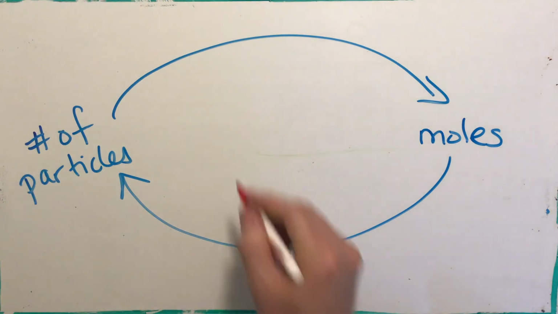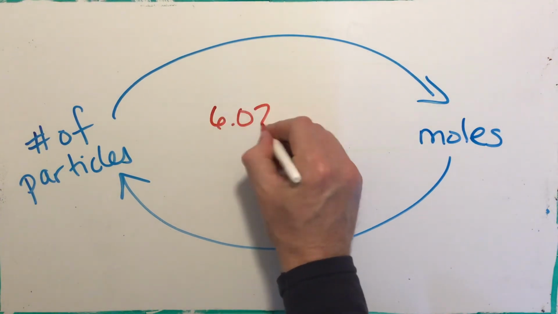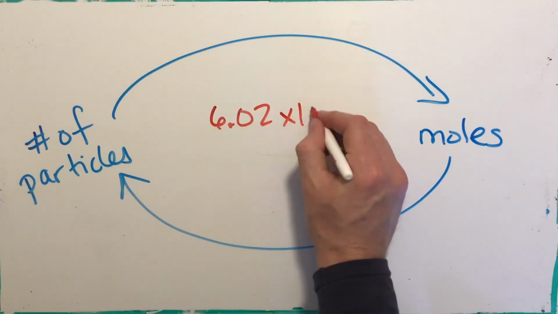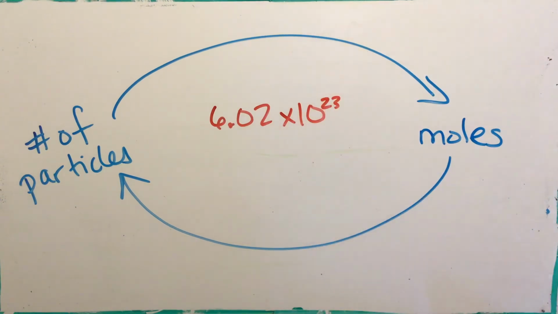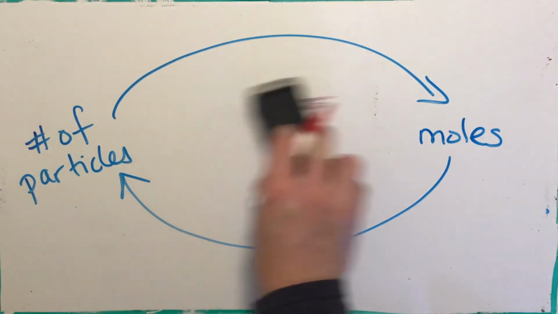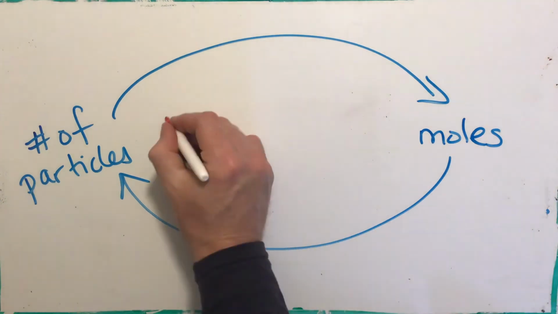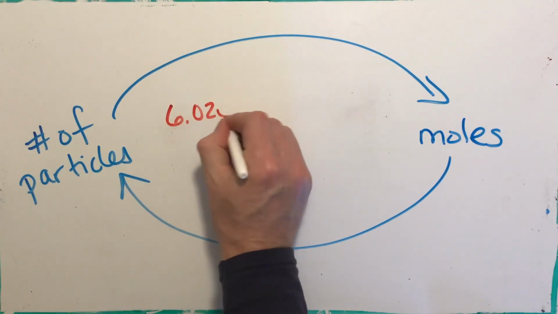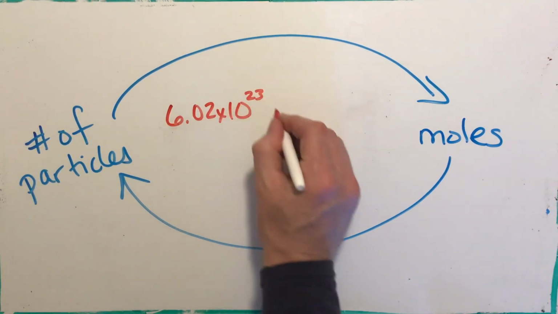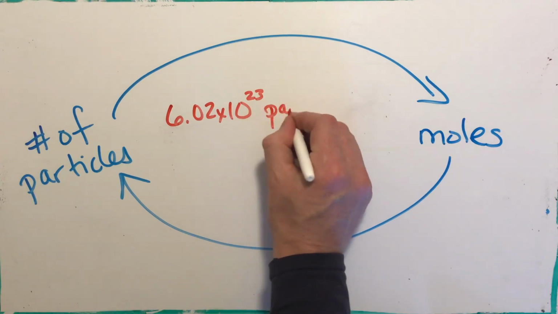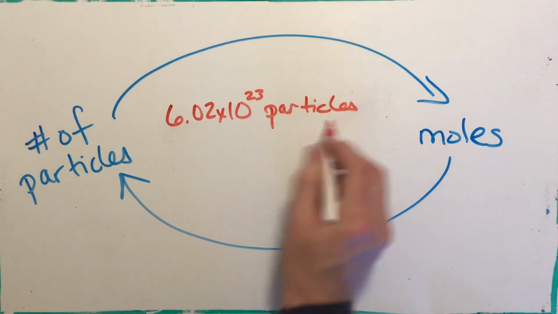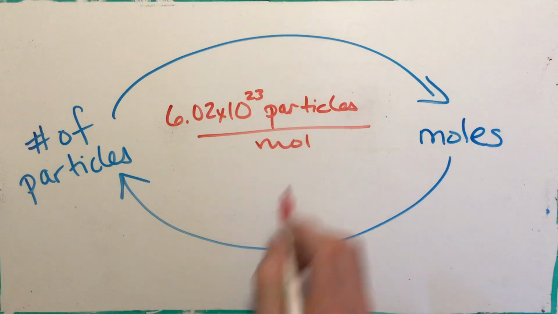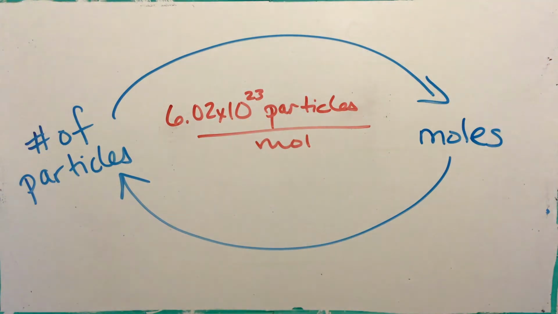The conversion factor was 6.02 times 10 to the 23rd particles per mole.